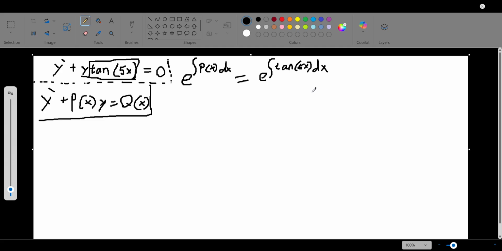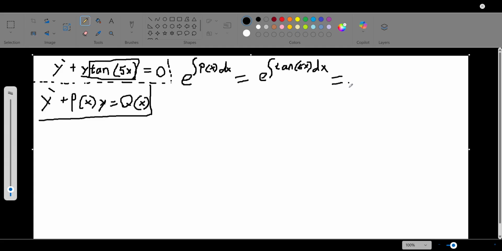dx. Now tangent's kind of a funky integral because you can write the same solution two different ways. If it's just tangent x, you can do the negative natural log of cosine x, or you can do the positive natural log of secant x. I'm going to work with secant just because that's how I always do it.